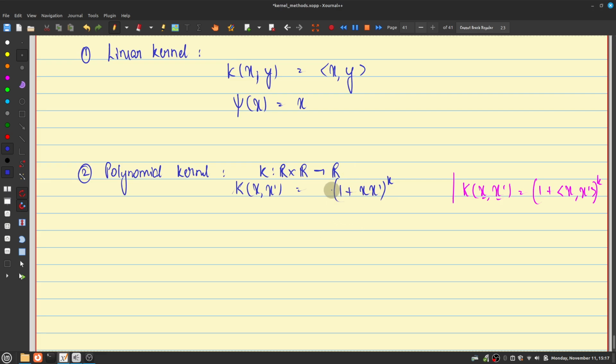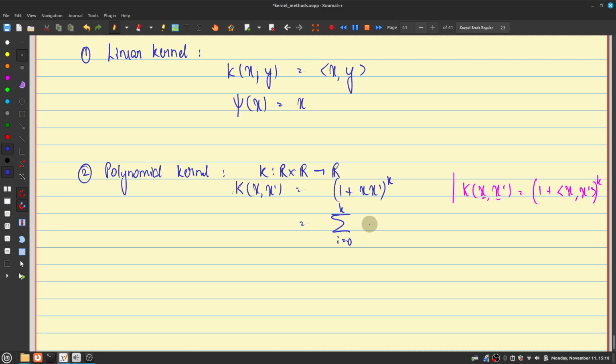Or in other words, I want to write this as the inner product between psi of x and psi of x prime. Any guesses what we can do? Just take the binomial expansion, summation i equal to 0 to k.